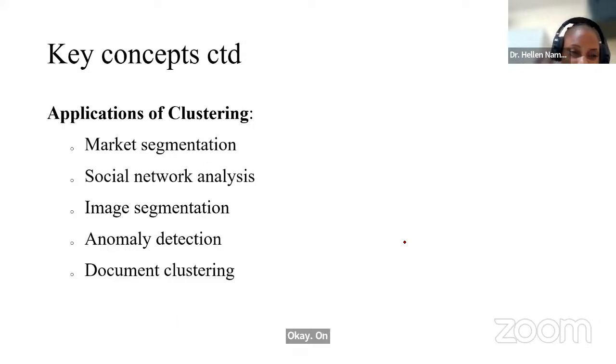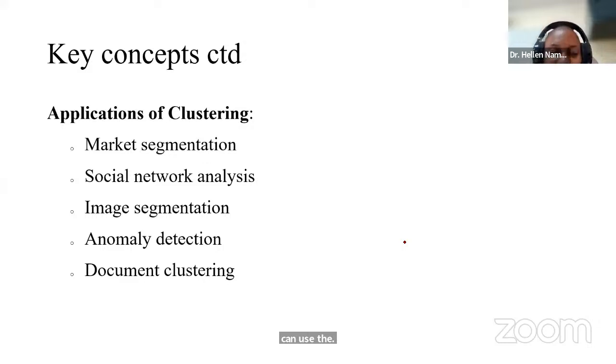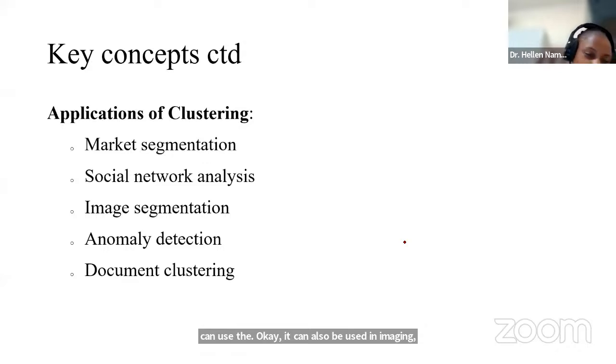On the different applications of clustering, you can use it for market segmentation. Okay, it can also be used in imaging, document clustering. Actually, the point is it's about grouping. For example, within the market segmentation, maybe you might want to look at the different sales that are being made, and then apart from the sales, you can also add the age groups.